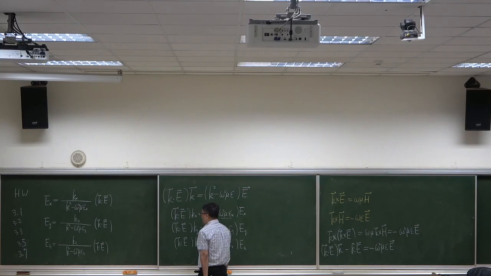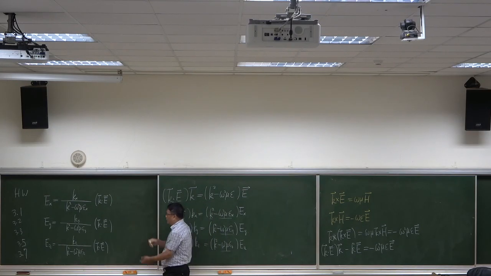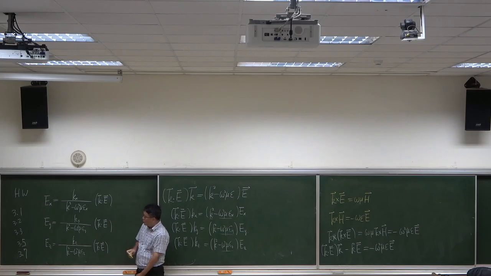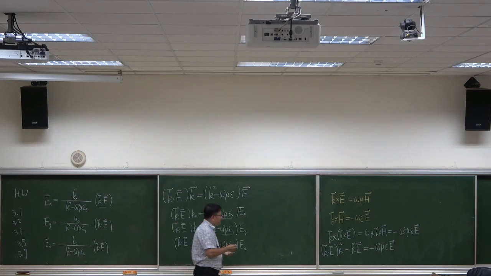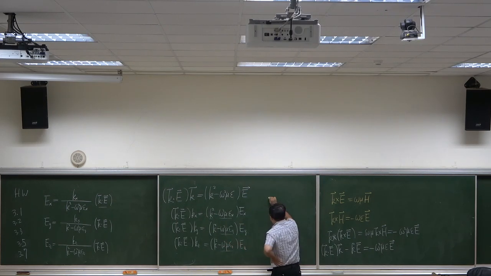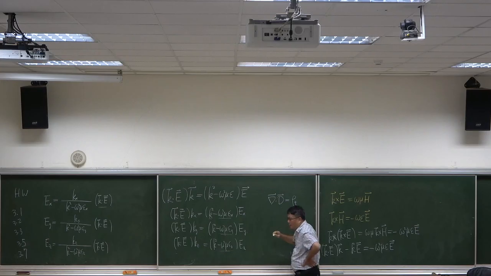Here I must emphasize that in an anisotropic medium, in general, K dot E is not equal to 0. According to the Maxwell equation, we have divergence D equal to rho f. If rho f is equal to 0, what we obtain is K dot D equal to 0.